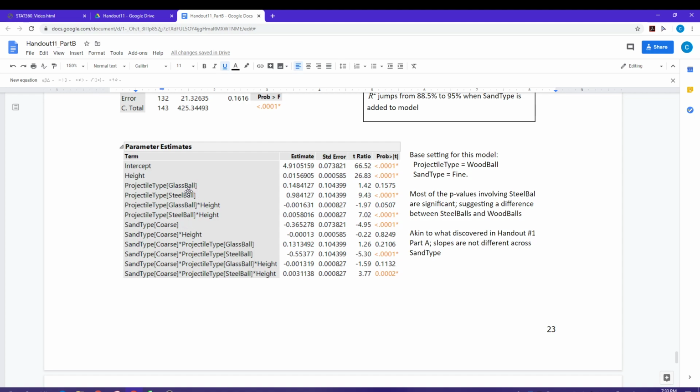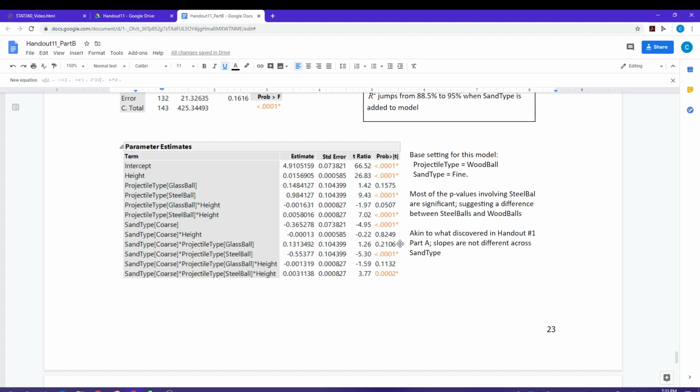The wood ball is set for projectile type indicator. The wood ball was set to 0 because it comes last in the alphabet compared to glass, steel, and wood. So that's how JMP does that. You can change that by just reordering the effects if you want in JMP. So you can change the order in which they are displayed.